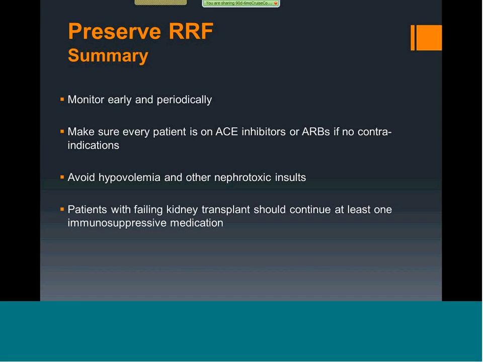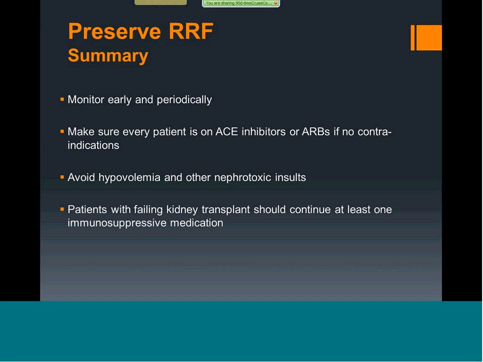With preserving residual renal function, it's important then to monitor early and periodically. We do our first assessment of residual renal function during the week of training. So usually our training schedule starts on a Monday and goes through Friday.